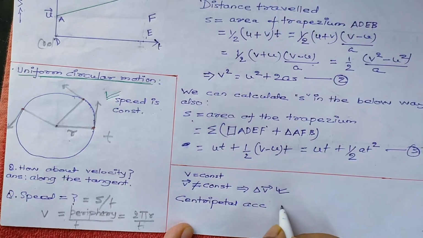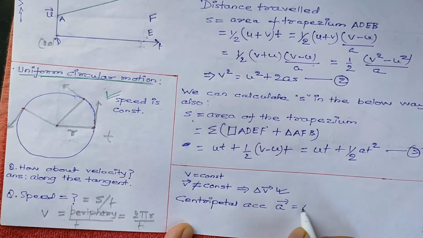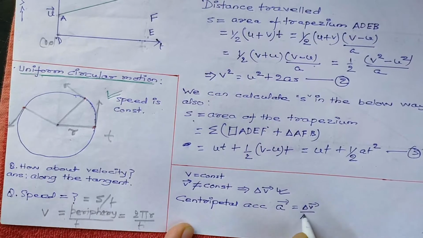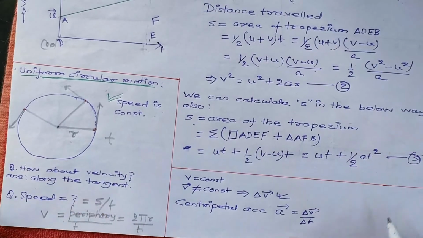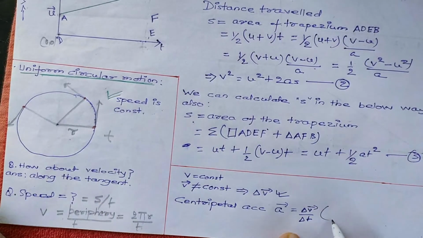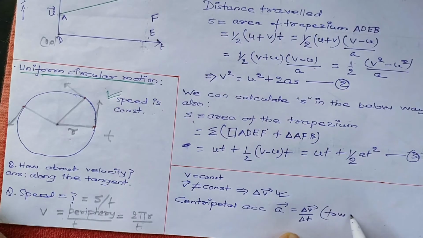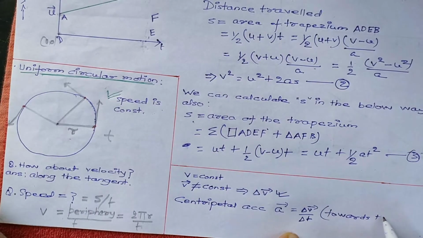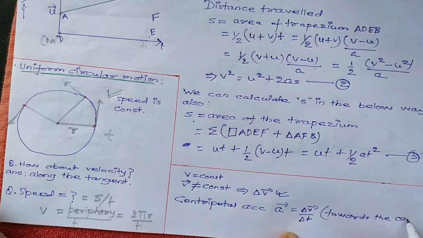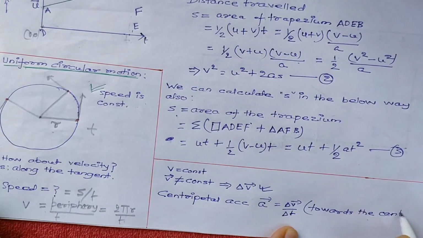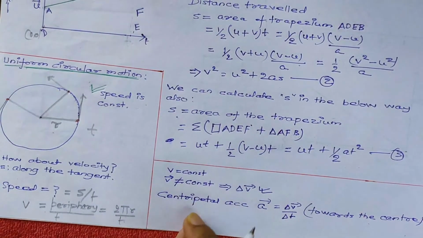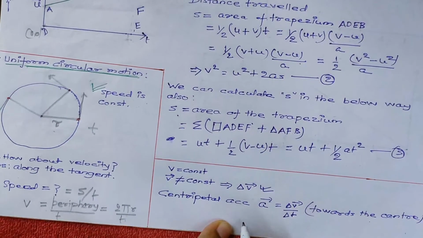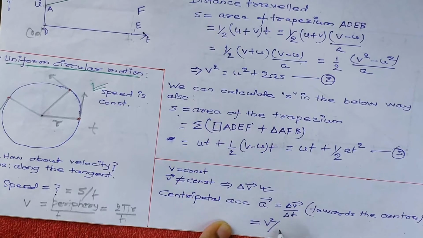The direction of the centripetal acceleration is towards the center of the circle. It acts towards the center. Centripetal acceleration acts towards the center of the circle, and the formula of centripetal acceleration is v square by r.